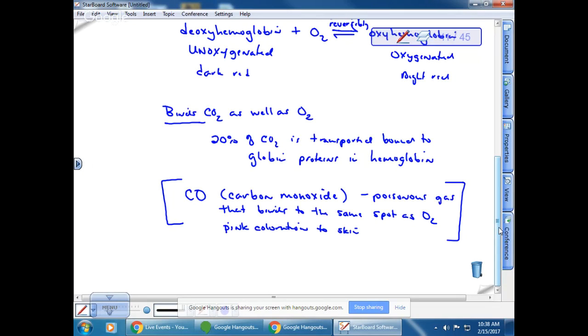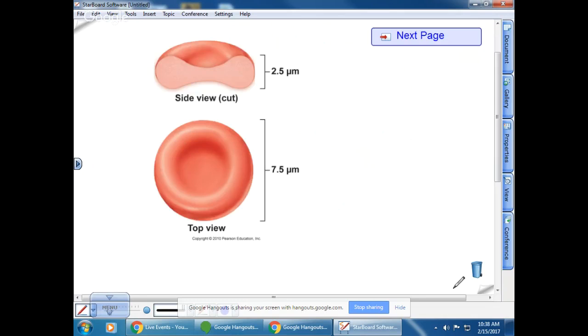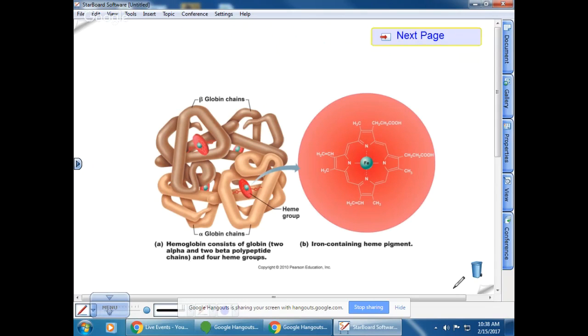So one interesting thing about hemoglobin is that we have different forms of hemoglobin when we're fetuses as when we are adults. This just shows the structure. You need to be able to identify, and the next quiz is going to be next Wednesday, so if I pointed to this, you would say, oh, that's a globin, right?